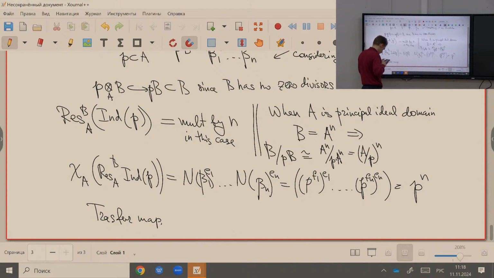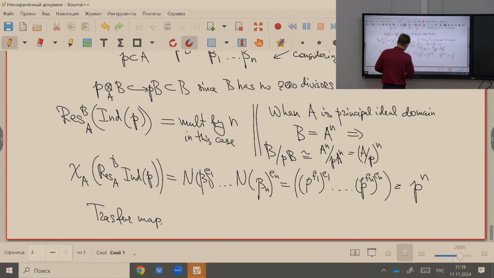Yeah, you wanted to say something about the transfer map. This is called the transfer map. You have two maps in two directions, and their composition is just multiplication by n. There is usually an evident map and a non-evident one. Here the pullback, the induction, is the evident map. From geometry there are two maps, pushforward and pullback.